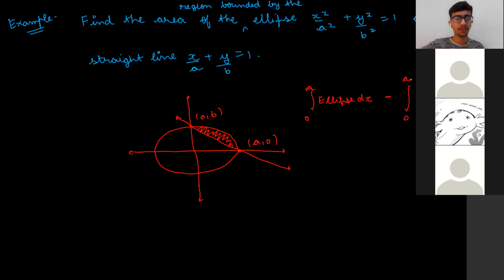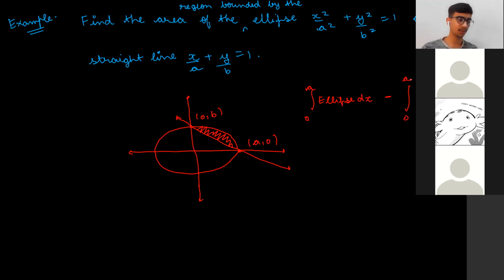Yes, Anshan, Shantanu, what's your update? I'm getting pi AB by 4 minus AB by 2.